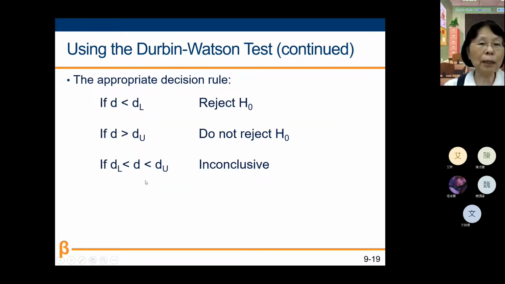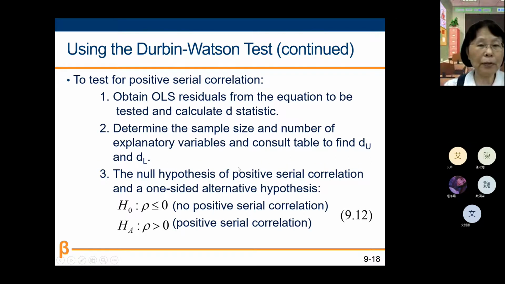The third is that the null hypothesis of positive serial correlation is one-sided. The alternative hypothesis is rho greater than 0, which is positive serial correlation, and the null hypothesis is rho less than or equal to 0, meaning no positive serial correlation. So remember, the Durbin-Watson test is a one-sided serial correlation test.